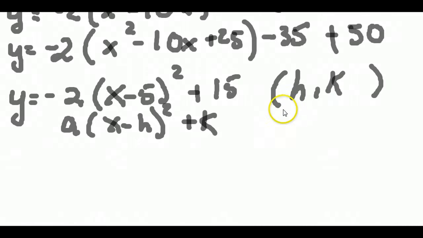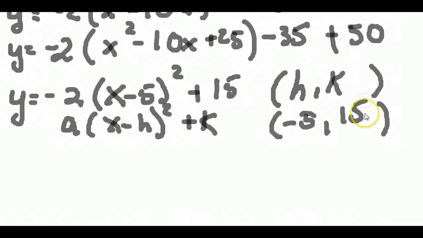Who can tell me where our vertex would fall based on negative 2 open x minus 5 closed squared plus 15? Are you talking about which way the parabola would be pointing? Oh no, first, what is our vertex? What's the ordered pair where our vertex lives? Negative 5, 15. Yes, negative 5, 15. Exactly. So that's the vertex.